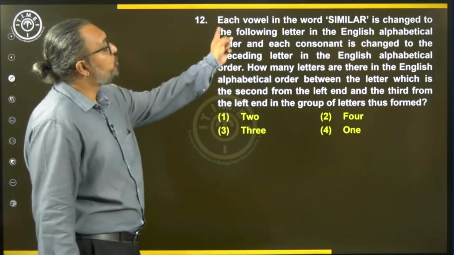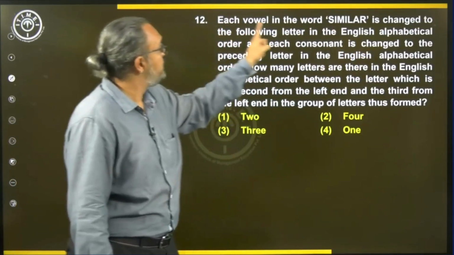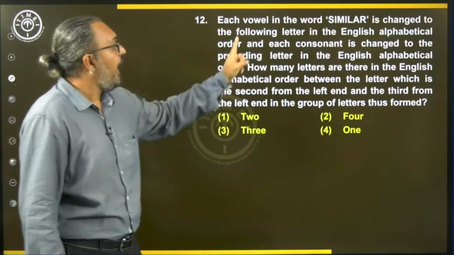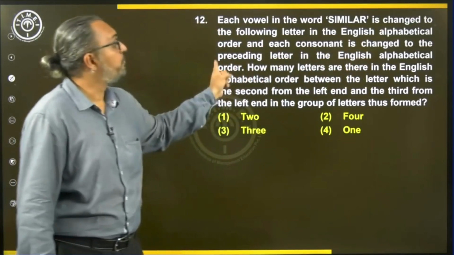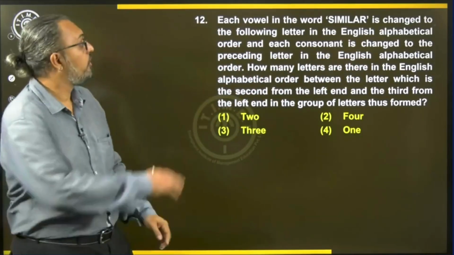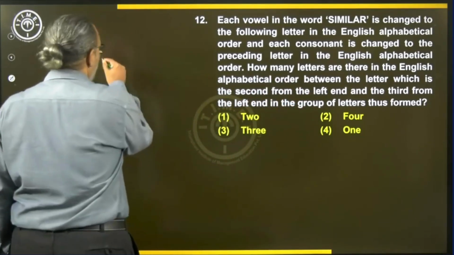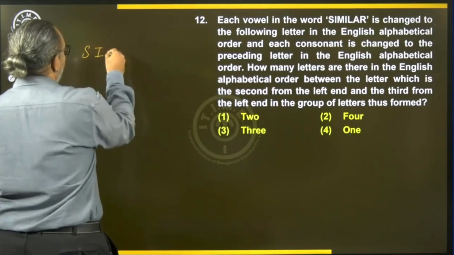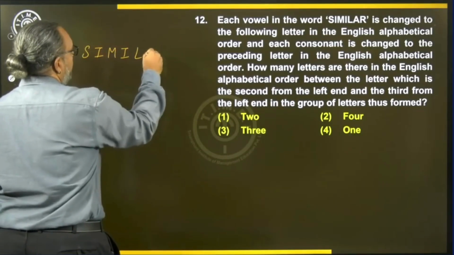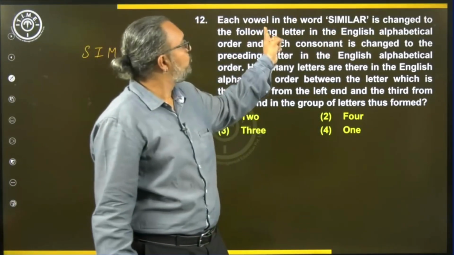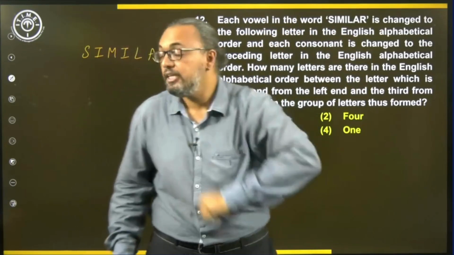Now he says each vowel in the word similar is changed to the following letter in the English alphabetical order, and each consonant is changed to the preceding letter of English alphabetical order. Following is the next, preceding is the before. So you have the word similar. The vowels: each vowel is changed to the following letter of the English alphabet.